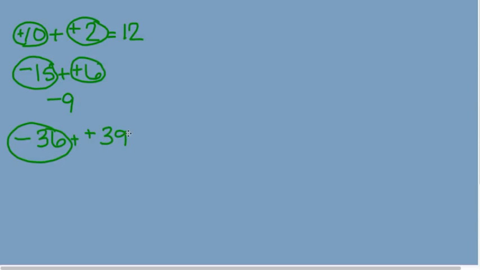They are on the negative team. And what team are they on? They are on the positive team. So 36 on the negative team, 39 on the positive team. Who has more players? Well, the positive team has more players. So the positive team is going to win by 3 extras. And again, we can figure that out by counting up or just subtracting. 39 minus 36 is 3.